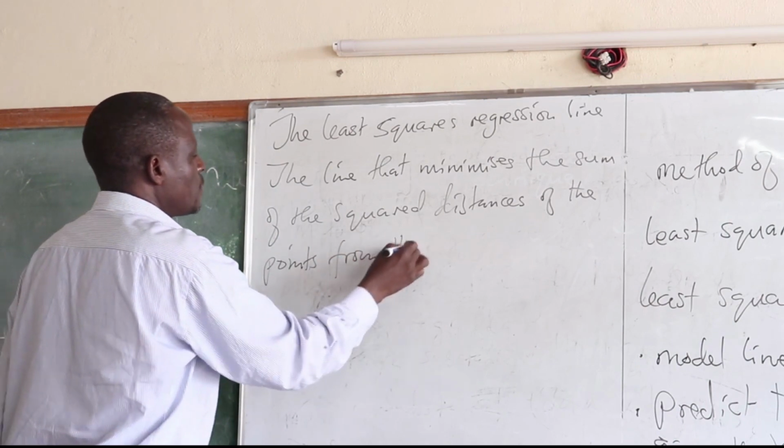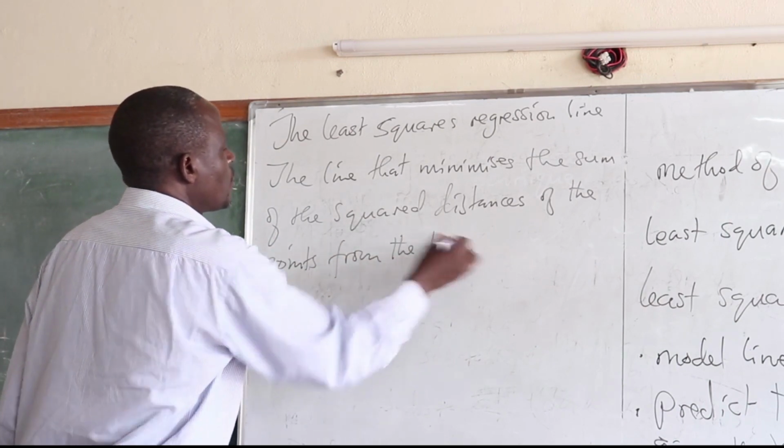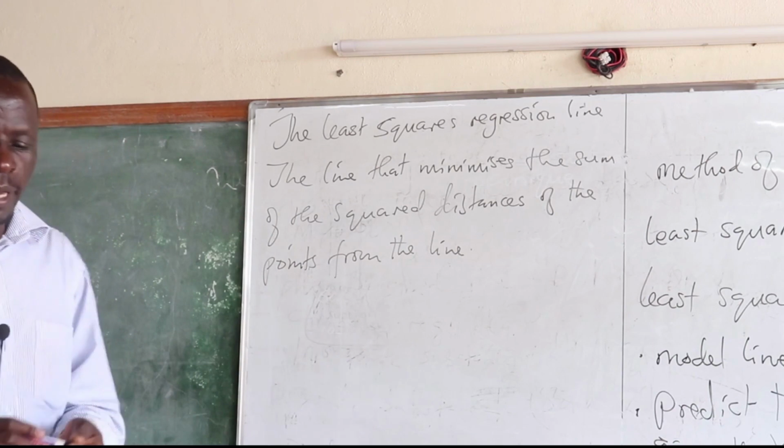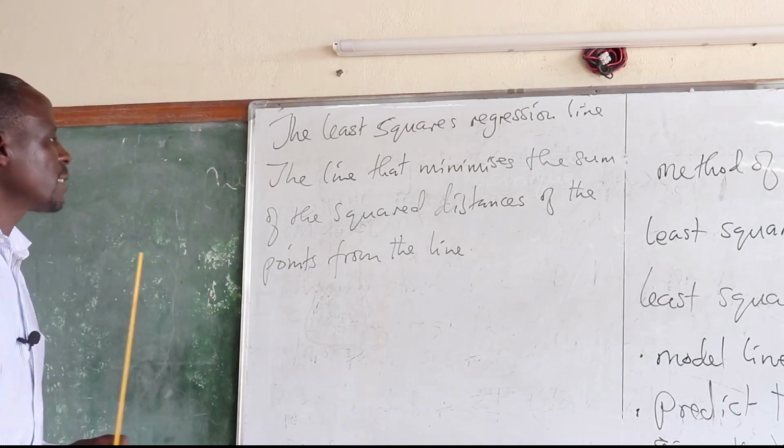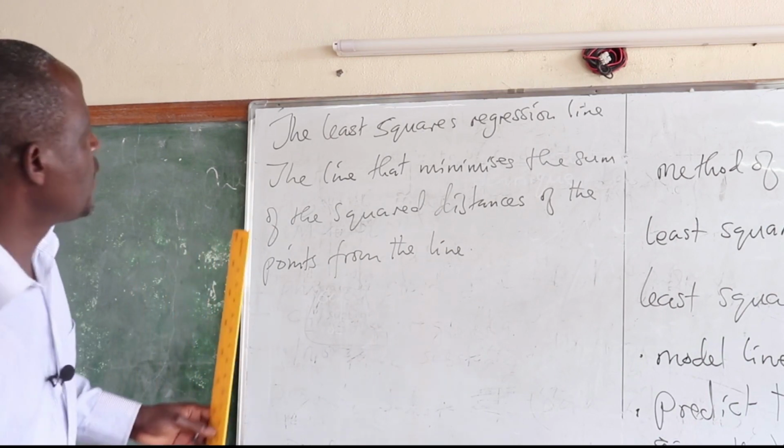That particular line that is going to minimize this is what we call the least squares regression line.